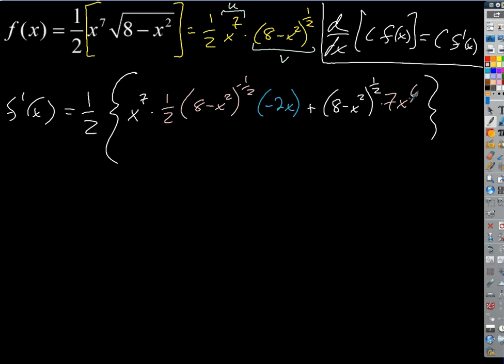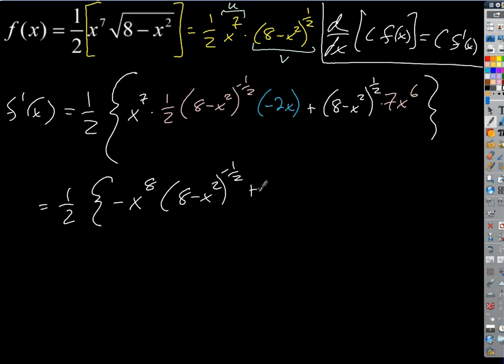So we could do a few things. We could cancel the 2 and the 1/2, right? So that's going to give us a negative x to what power total? You've got an x times an x to the 7th, which would be x to the 8th, times 8 minus x squared to the minus 1/2.